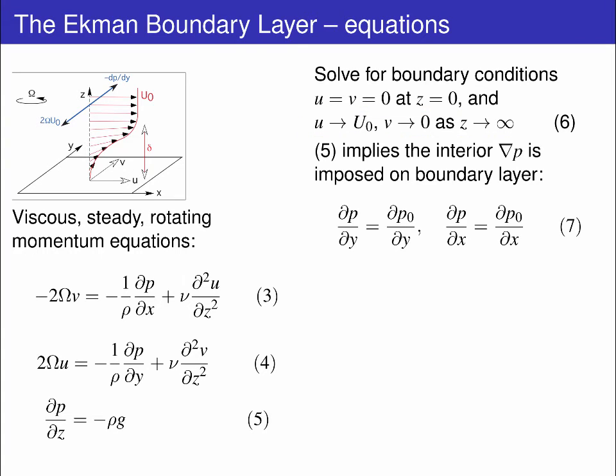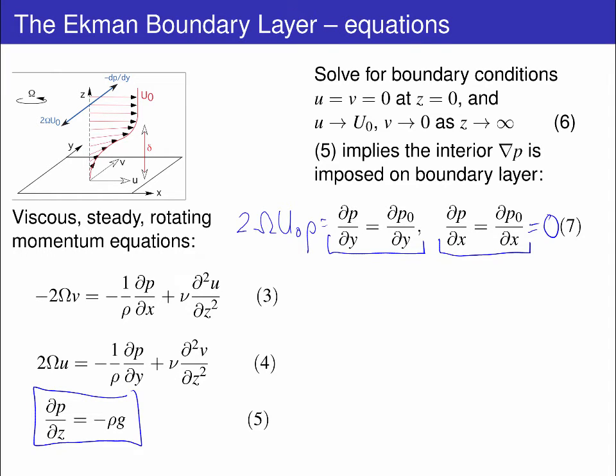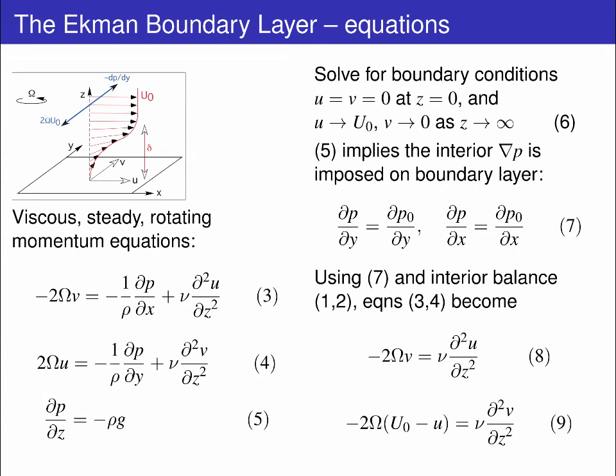Now, the hydrostatic equation implies that the interior pressure gradient also applies in the boundary layer, allowing us to relate the interior geostrophic balance equations to the boundary layer equations. This removes the pressure gradient in the x direction, giving 2 omega v as equal to the x viscosity term.